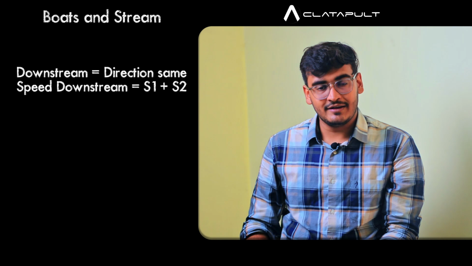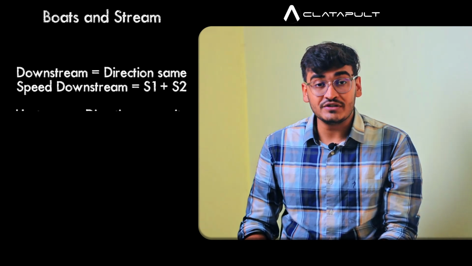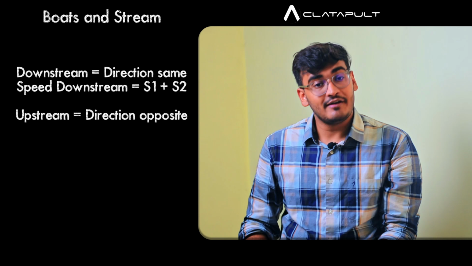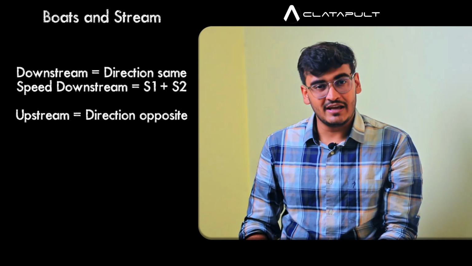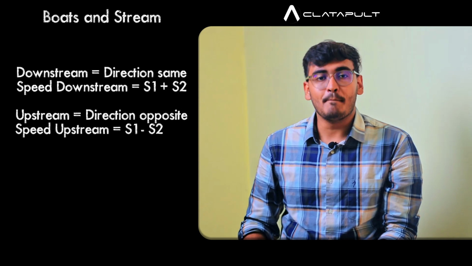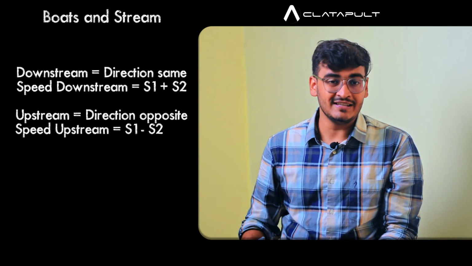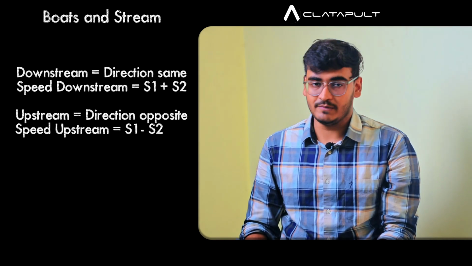On the other hand, in a situation where the direction of the boat is opposite to the direction of the stream, we call those situations upstream situations. In this case, the speed upstream is speed of the boat minus speed of the stream. So this was it from the conceptual part of boats and stream as well.